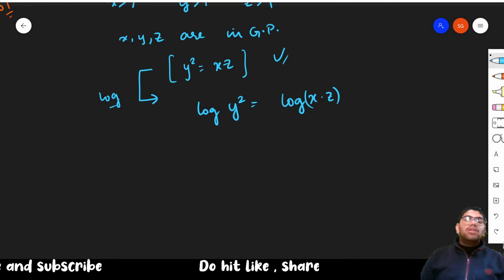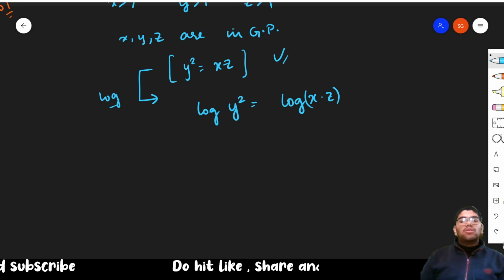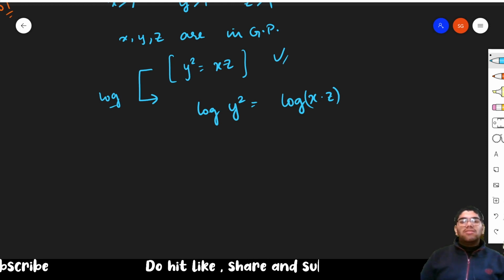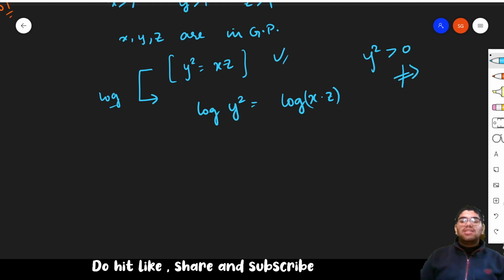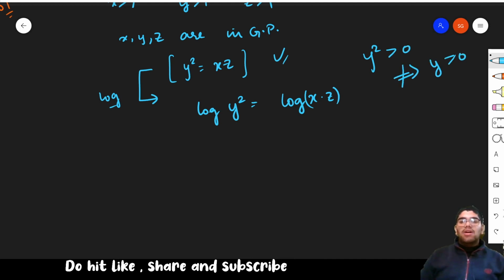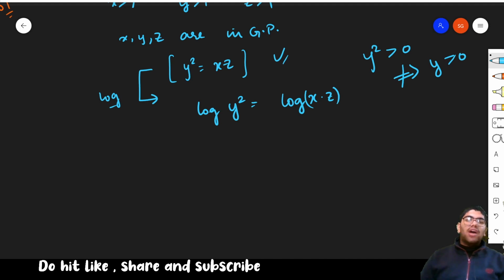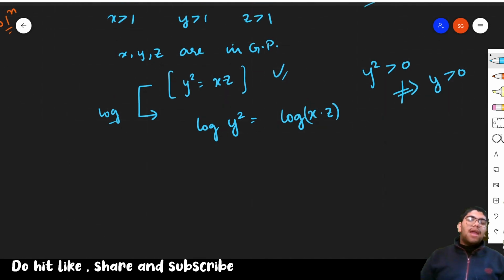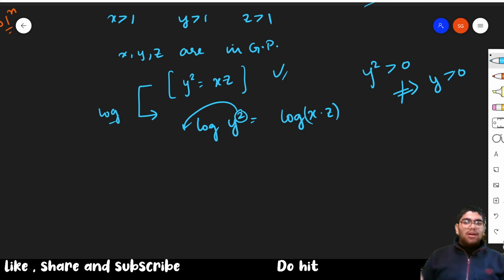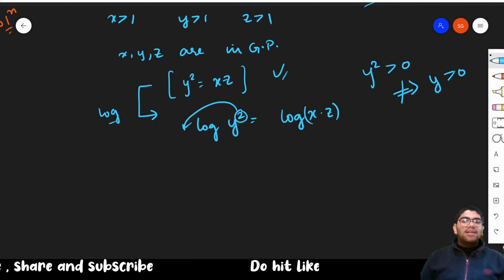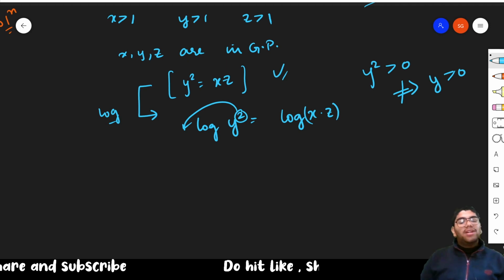We know that y square is positive, which will not necessarily imply y is positive, but since y is greater than 1, I can apply the exponent coming down, because y is a positive quantity, so log y will be defined.